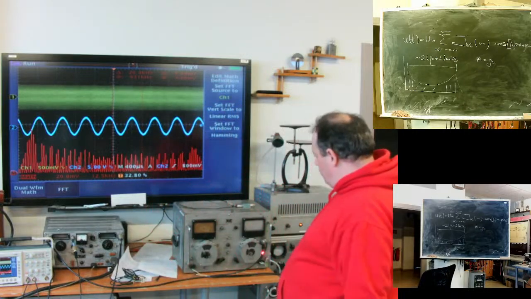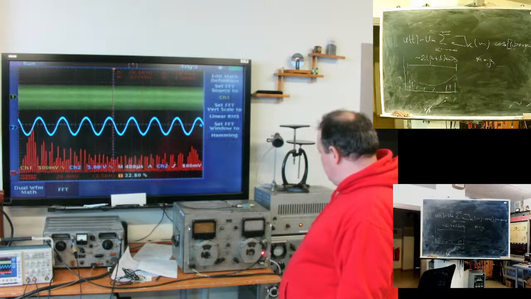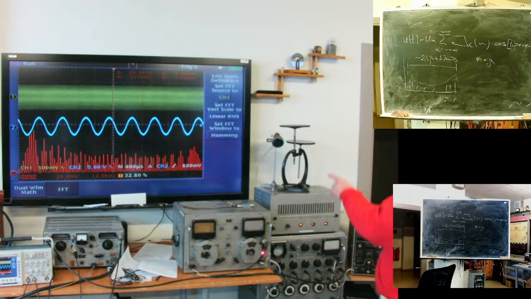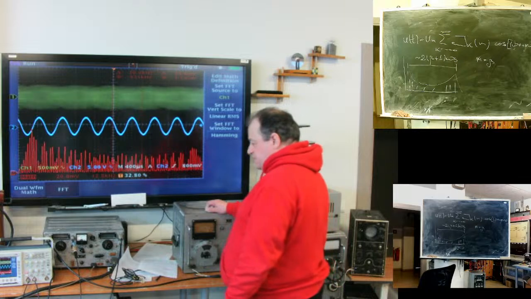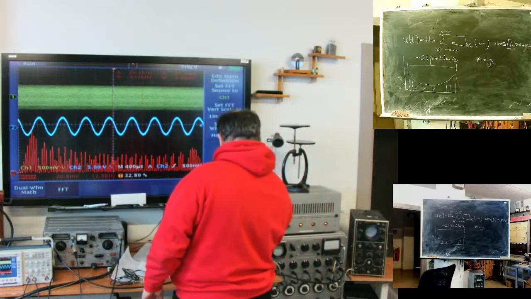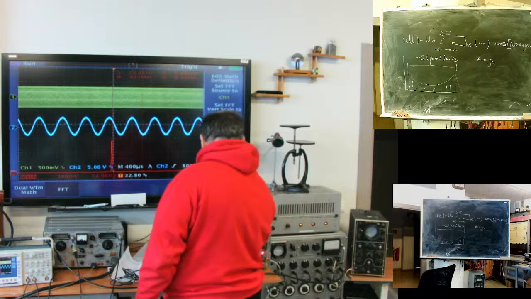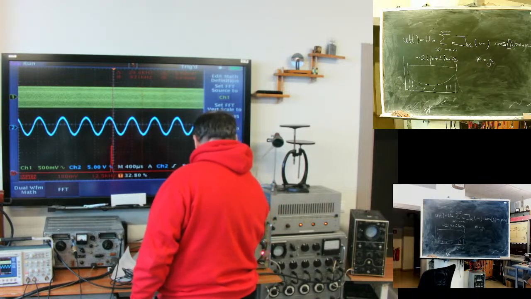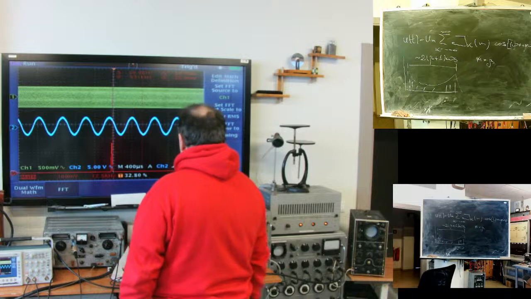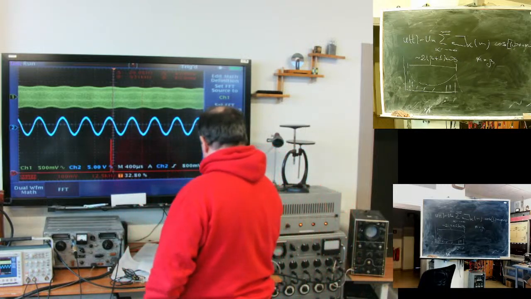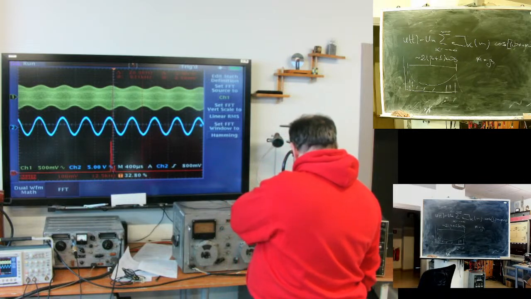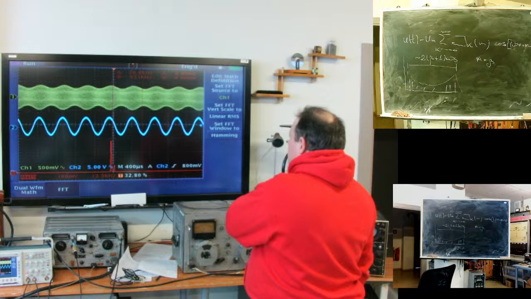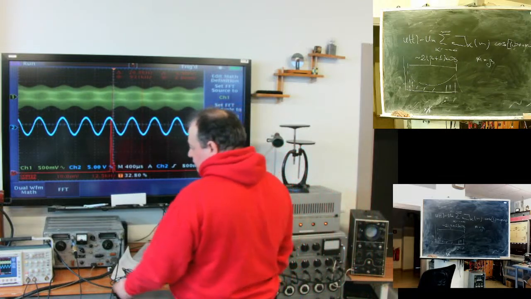Wait one moment, I'll show one more thing. Here I'm using a one frequency signal, one tone. What will it be for a more complex one? Again, returning to amplitude modulated single frequency.